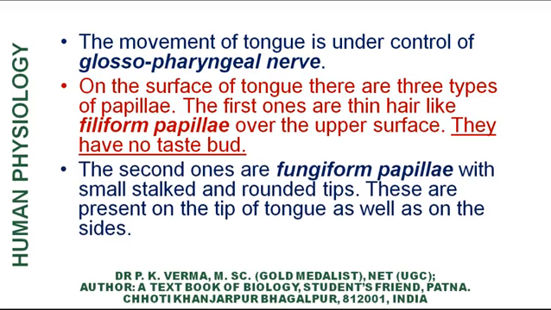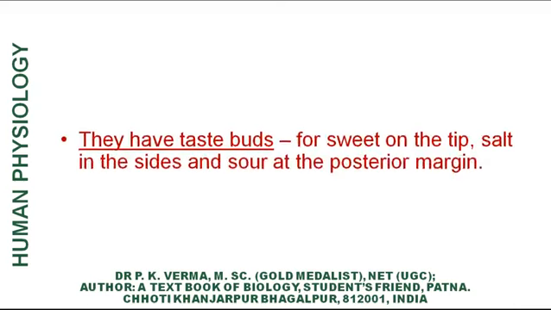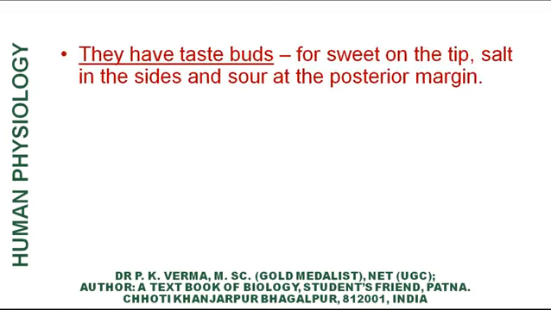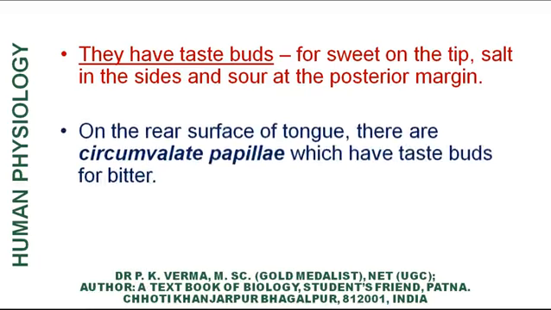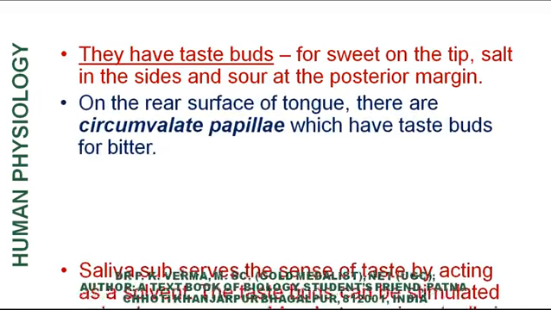These are present on the tip of the tongue as well as on the sides. The fungiform papillae have taste buds for sweet on the tip, salt in the sides, and sour at the posterior margin. On the rear surface of the tongue, there are circumvallate papillae which have taste buds for bitter taste.